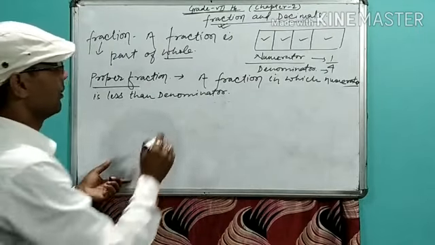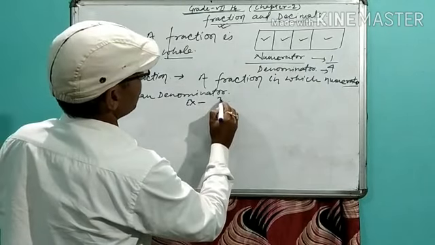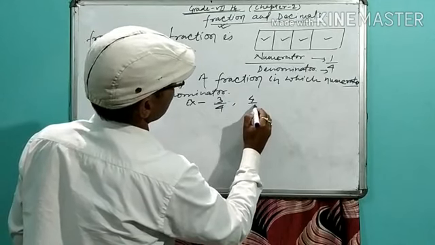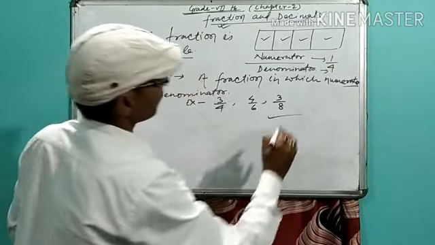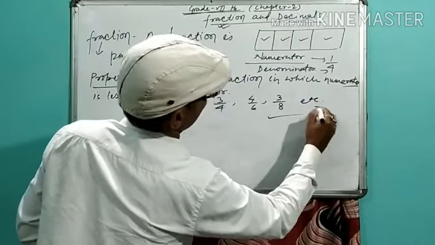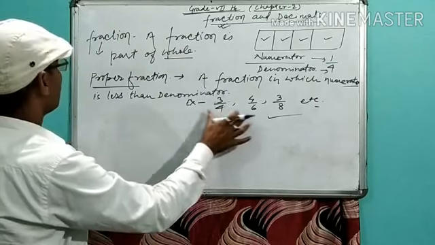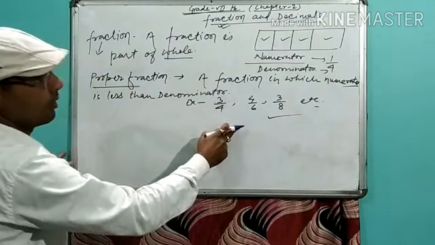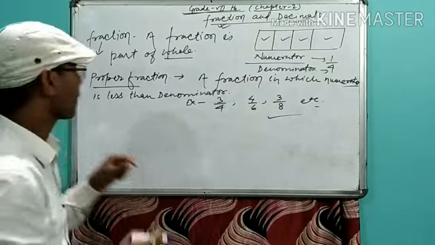You can write an example: 3 by 4, 4 by 6 and 3 by 8. Such type of fraction is known as a proper fraction, because you are looking here, the numerator is less than the denominator.